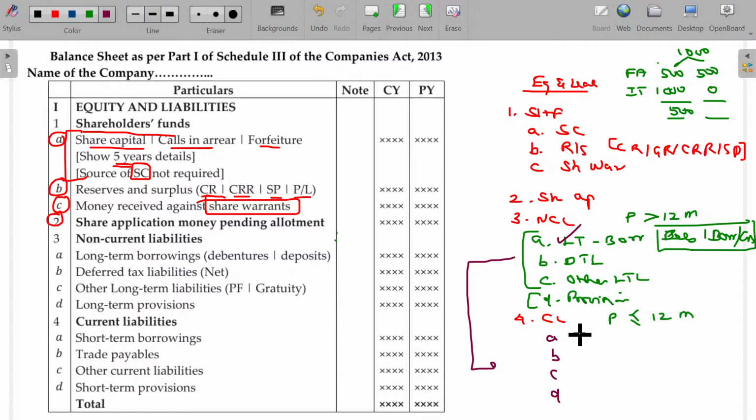First one, long-term borrowings; here it should be short-term borrowings. Last one, provisions; here also provisions. Here other long-term liabilities; here other current liabilities. But we don't have the DTL. It will be simply trade payables, creditors and bills payable. Hope you'll now be able to understand the items available in the balance sheet. Clear?